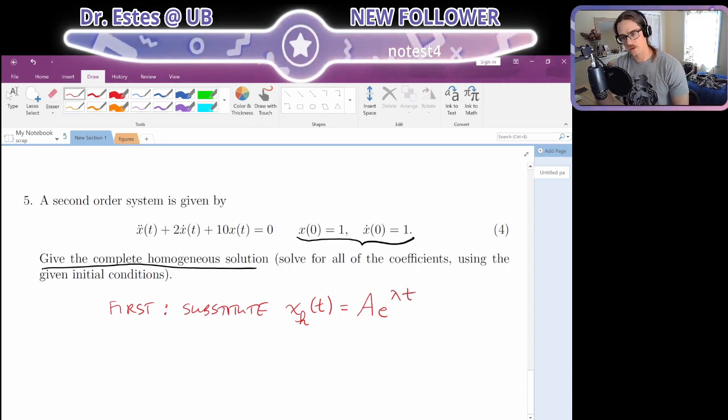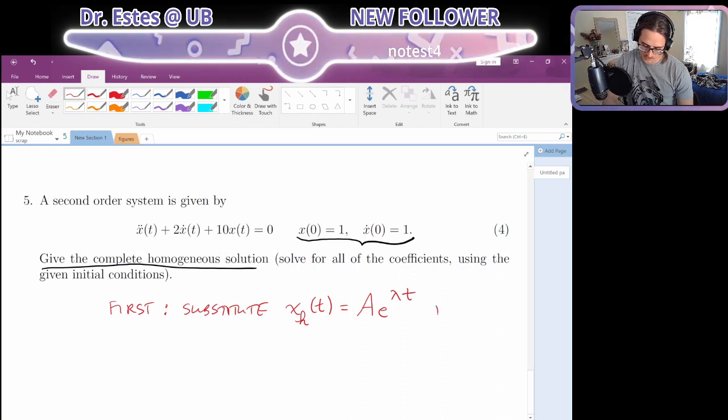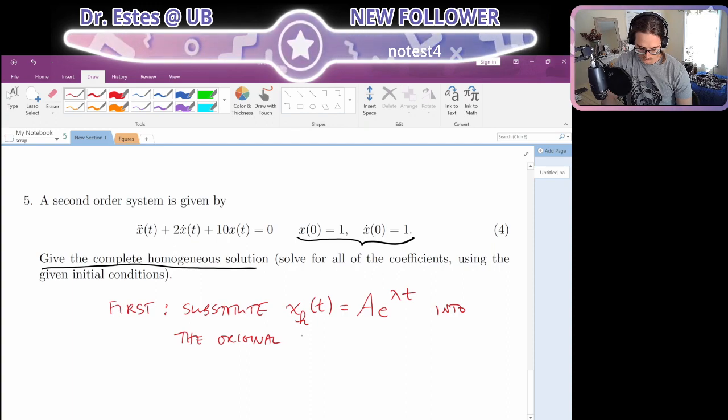It doesn't matter what order of the system it is. You always take this and you substitute into the original differential equation. So I'll call it a diff EQ.